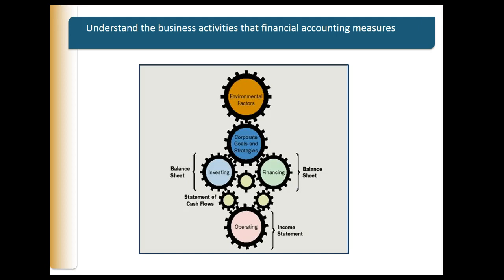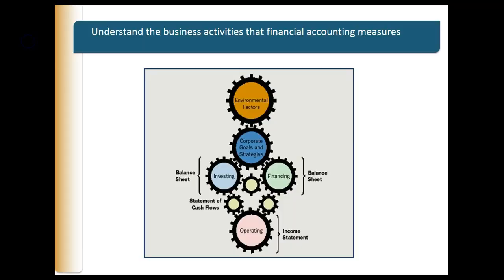Usually financing is through loans or through equity, stockholders' equity. Then, in order to do all of these three types of activities, we've got various environmental factors that play out, plus the company. What are their goals? What are their strategies? What are their ideals behind this company? So all of these come out into creating those activities and then measuring them.